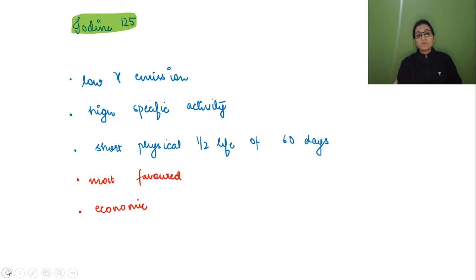And gamma emission permits the use of simple inexpensive instruments and equipment for counting the radioactivity, so it is quite preferred. But as nothing comes with 100% positives, there are some disadvantages also. The disadvantages associated with iodine are that damage to the ligand may occur during storage, and there are various health hazards as well.